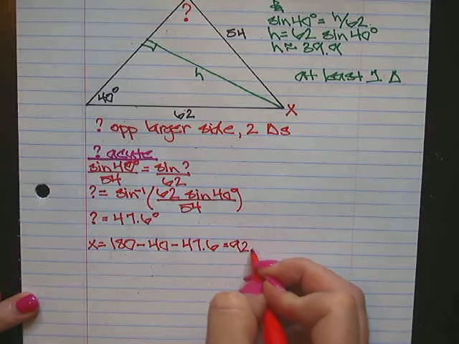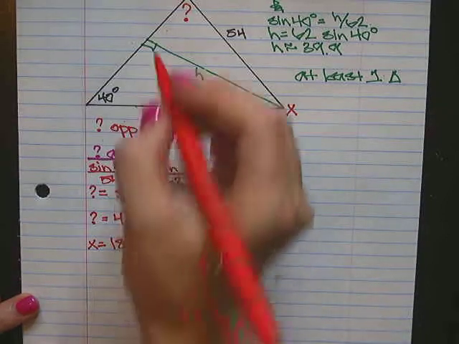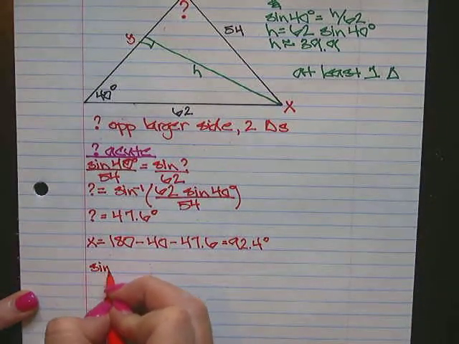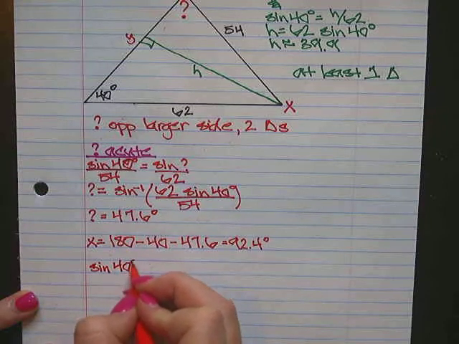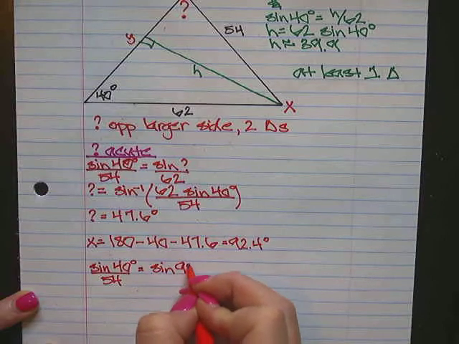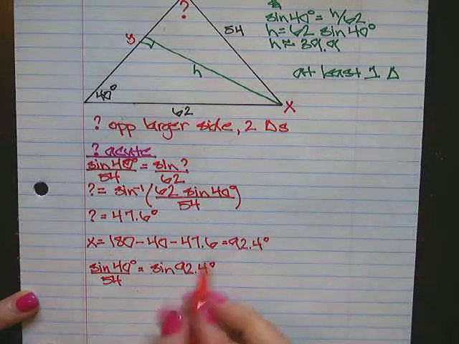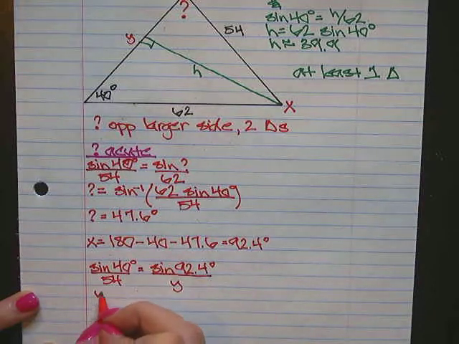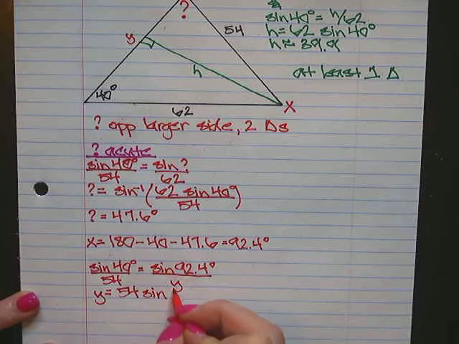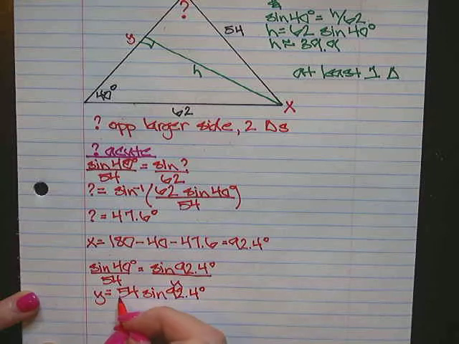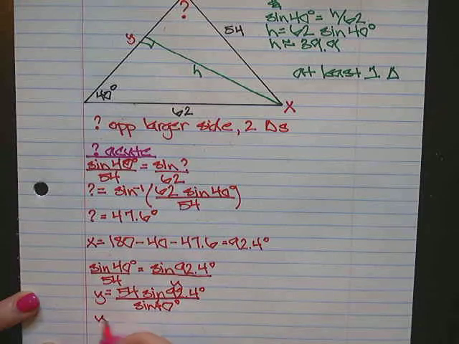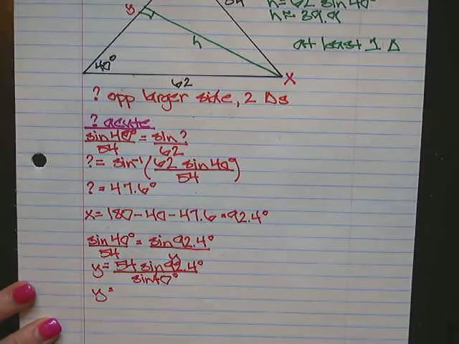Then we can find this third angle by doing 180 minus the 40 degrees they gave me, minus the 47.6 I just found, which is 92.4 degrees. And then I can find this third side, which we can call y, by setting up the sine of 40 over 54 is the sine of 92.4 over y.